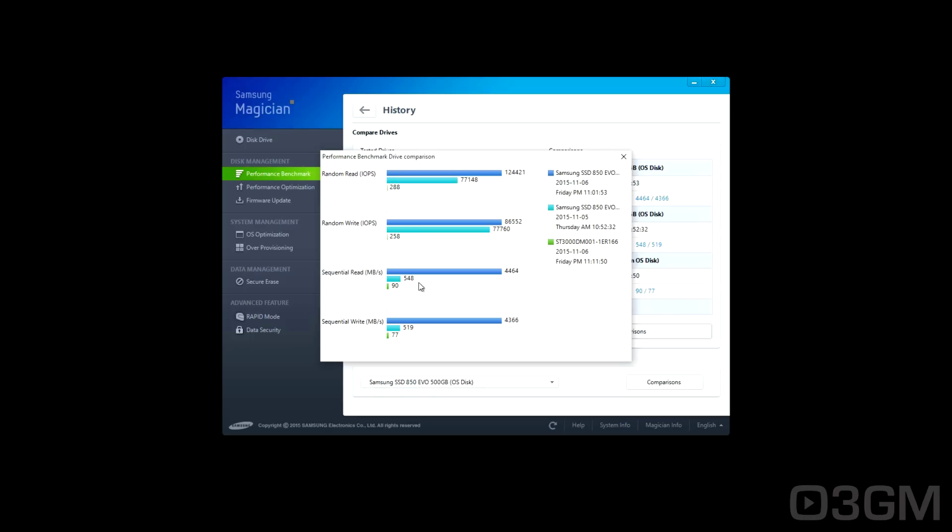Now, just for the hell of it, just for laughs, just for shits and giggles, I threw a mechanical drive into this mix. The Seagate Barracuda 7214. That's what this green one is here. Look at this.